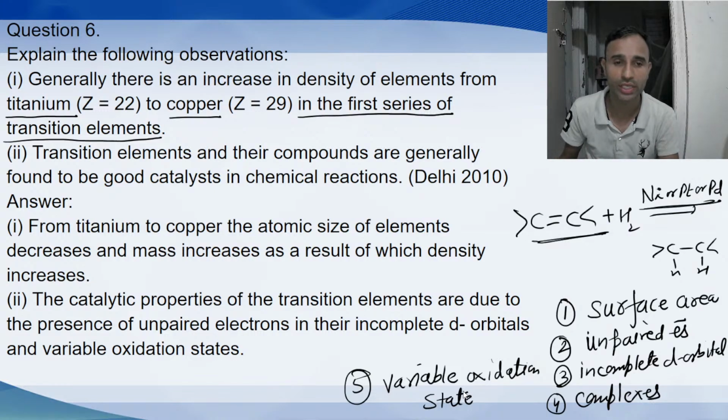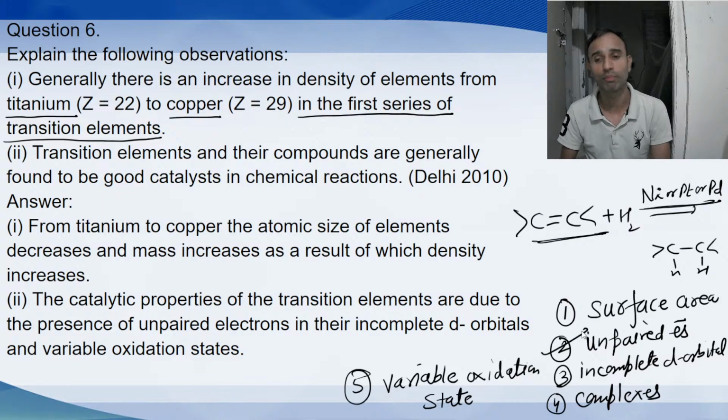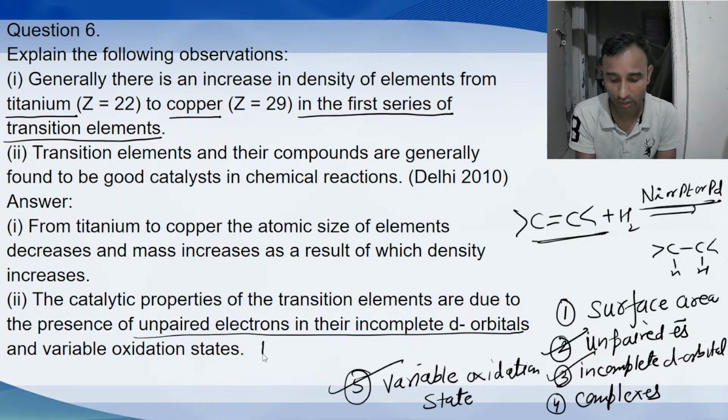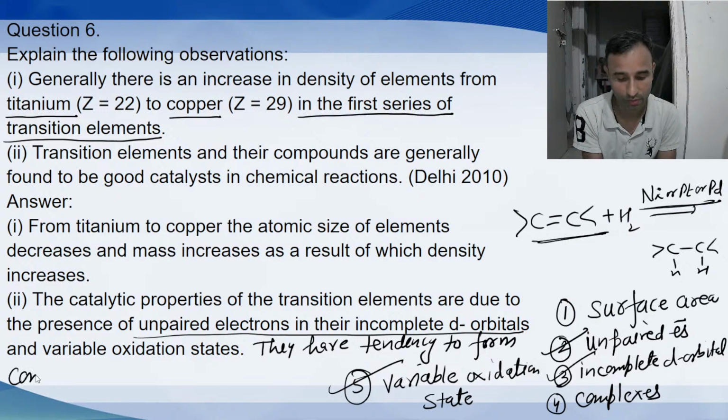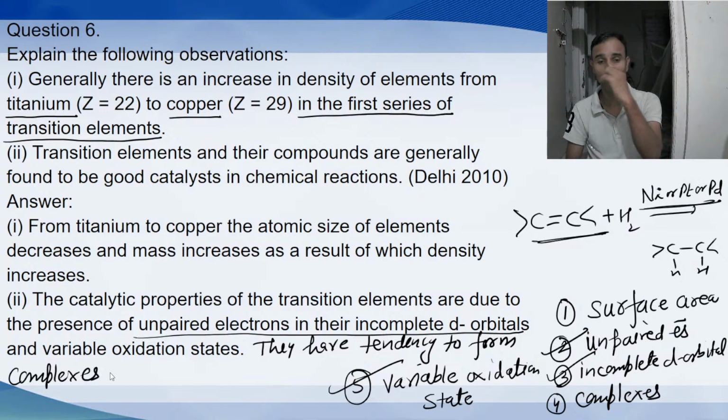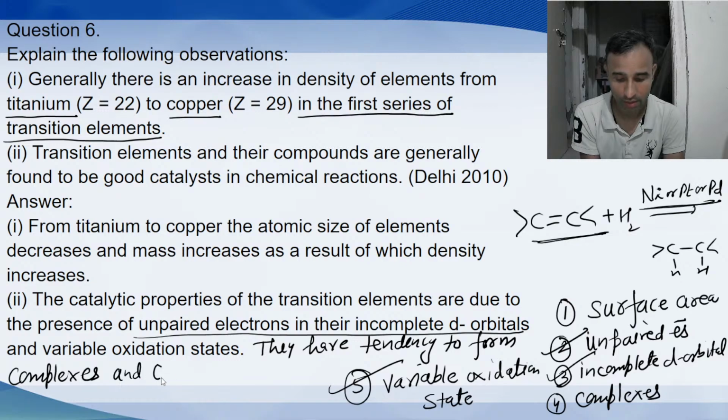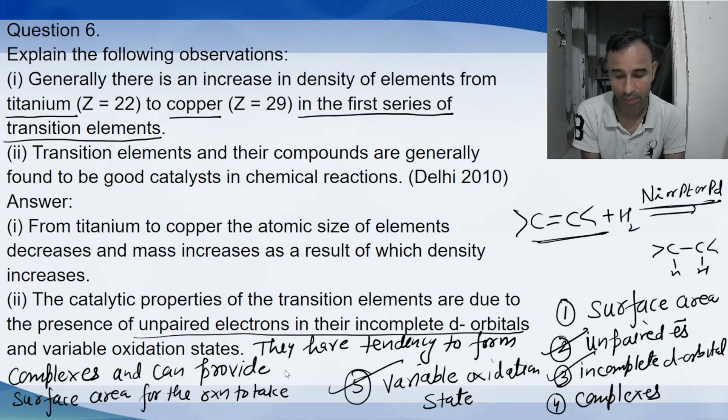Like in this question, the answer is written as: catalytic properties of the transition elements are due to the presence of unpaired electrons in their incomplete d orbitals, they have variable oxidation states, they have a tendency to form complexes, and can provide surface area for the reaction to take place.